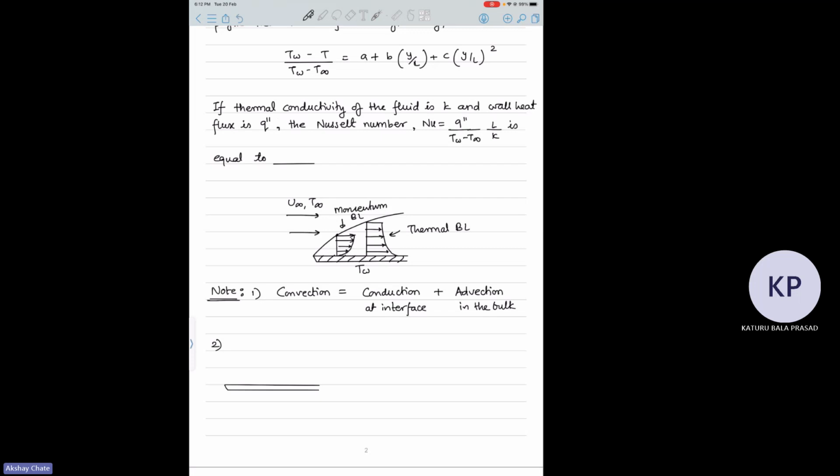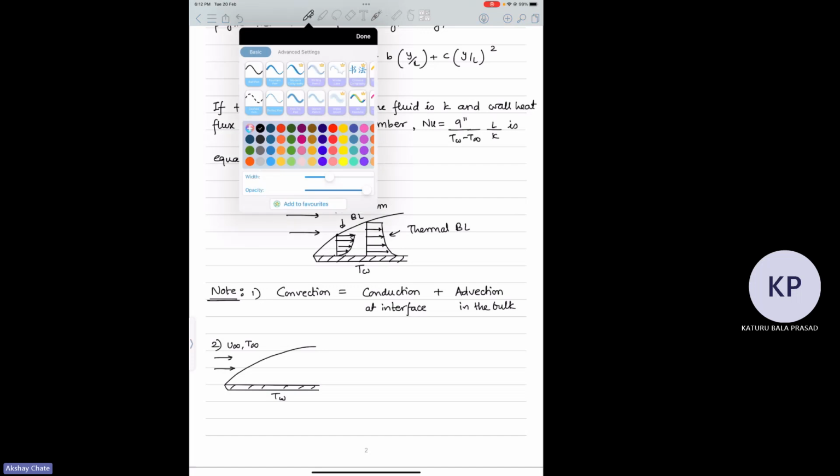Let's say this is a boundary layer, with typical U infinity, T infinity. This is your flat wall temperature. This is your flat plate. And the question is something like this. I'm modifying it. It's not exactly how it was asked, but for the sake of argument, I'll modify it.